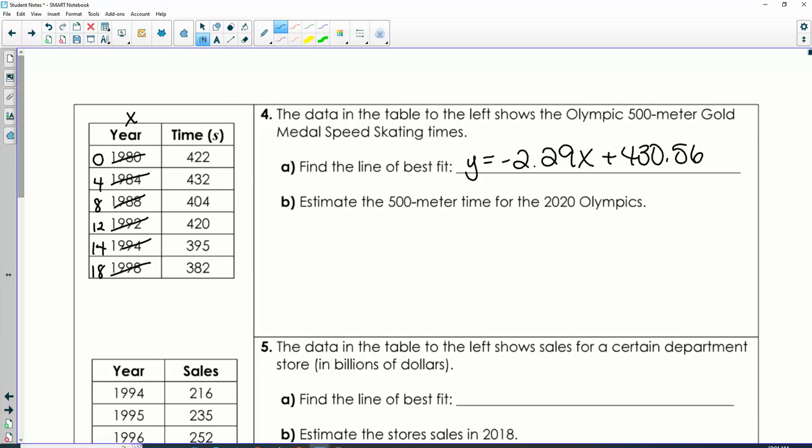Then answering the question, estimate the 500 meter time for the 2020 Olympics. If I started in 1980, and that was year 0, 2020 is how many years later? 40. Just subtract them. So I'm going to plug in a 40.